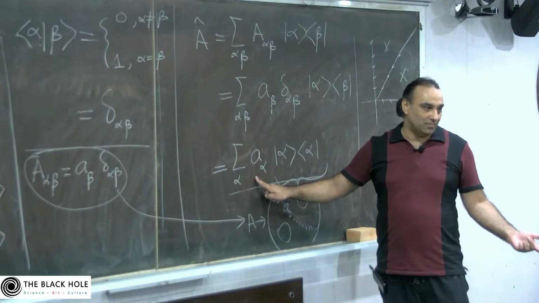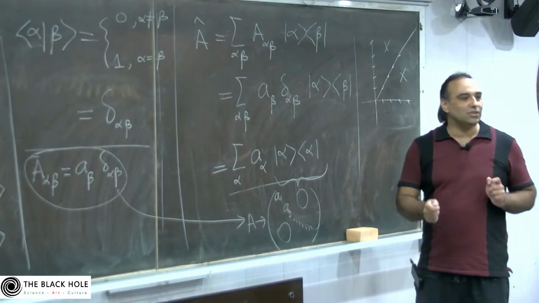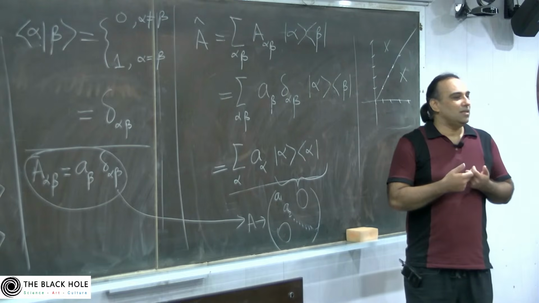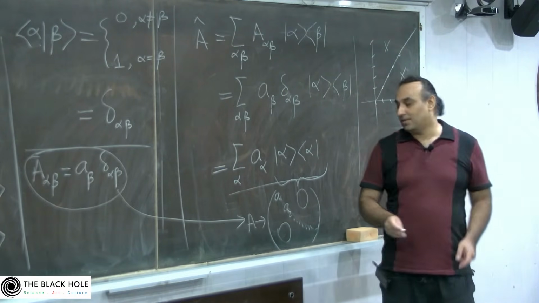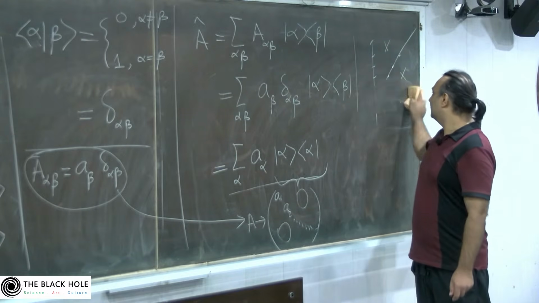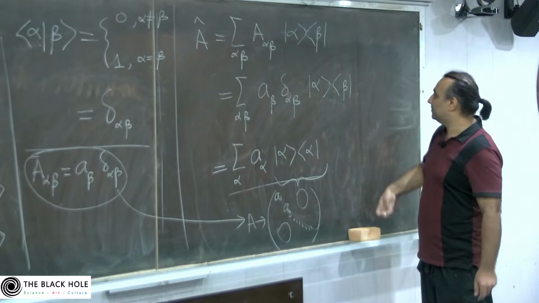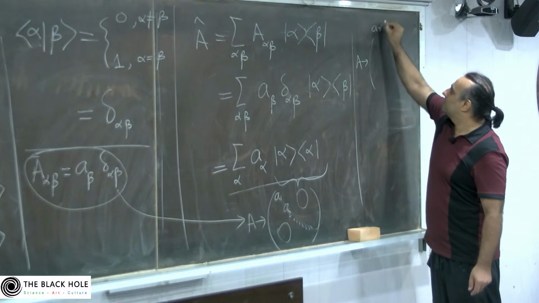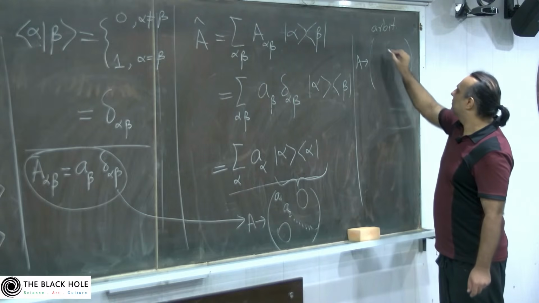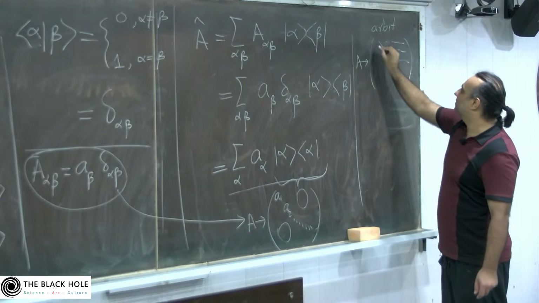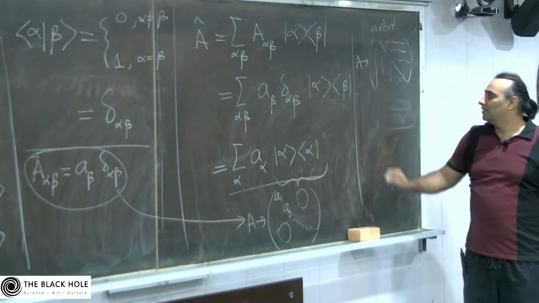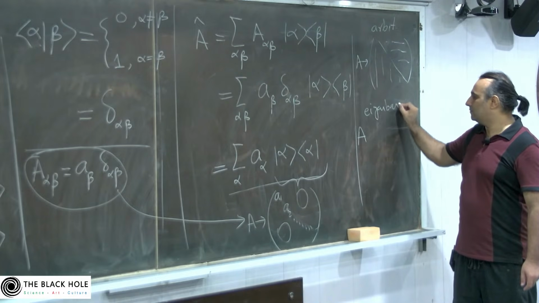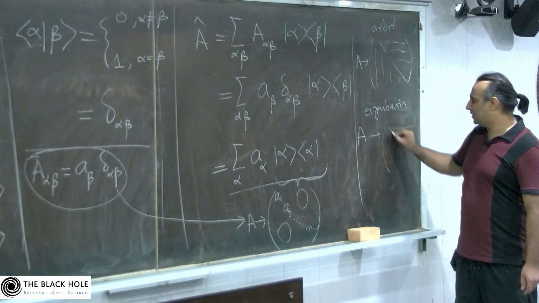where these are eigenvalues. So now you see, if we write an operator in an arbitrary basis set, then it's a full matrix. Arbitrary basis, okay, and eigenbasis, it is diagonal.